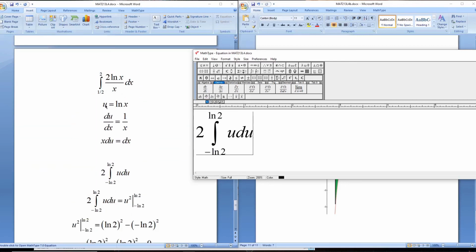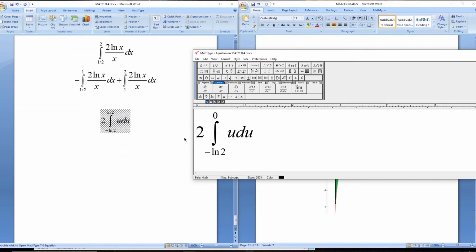So we have to go back to u and see what that means. So a half means going from log half, remember log half is minus log 2, and to 1. Log 1 is 0, and so this top one then is 0. And again, this is our answer for the first integral here, and this is also the one that we force a minus sign on.